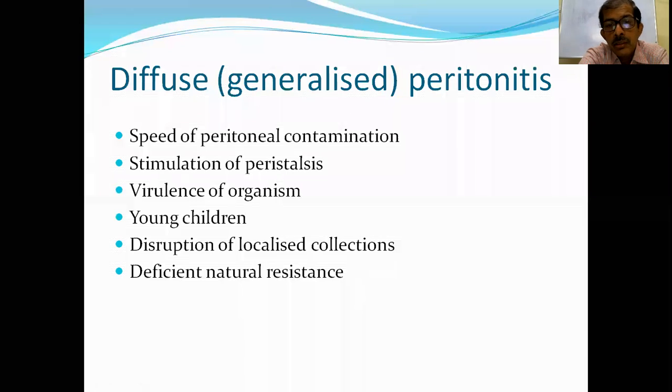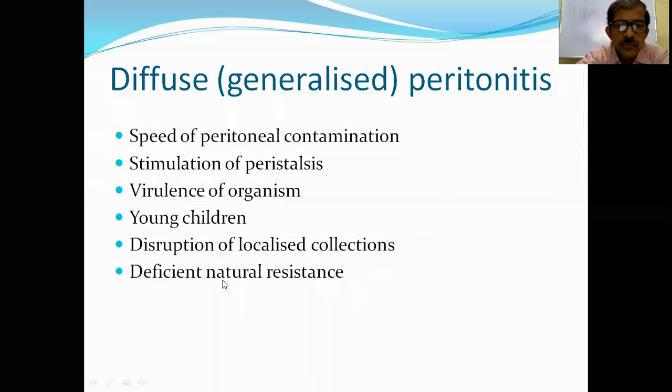Then we didn't proceed. We abandoned the surgery, though anesthesia was given, because of the fear that we may produce diffuse peritonitis. So, we should not disrupt the already localized collections.